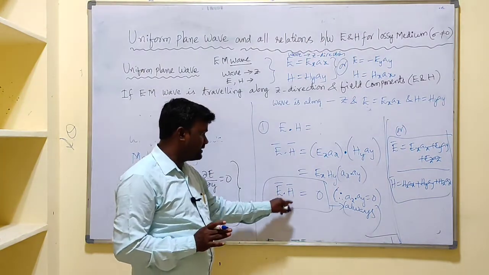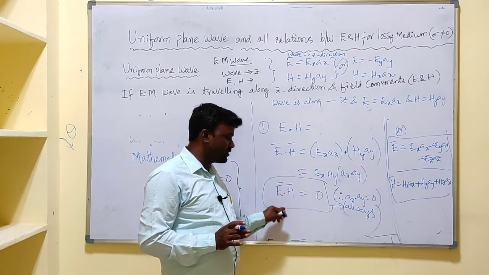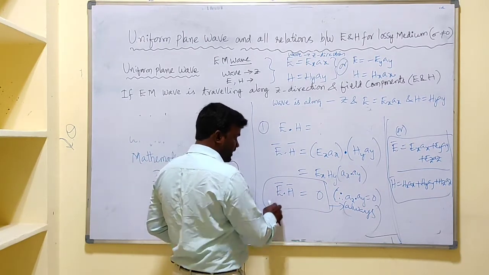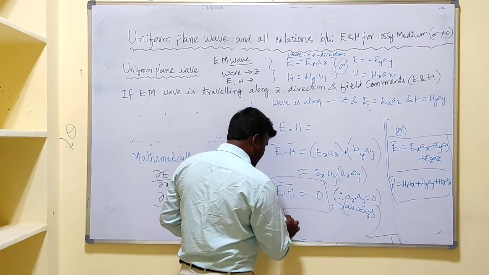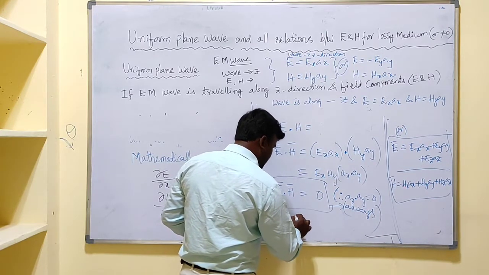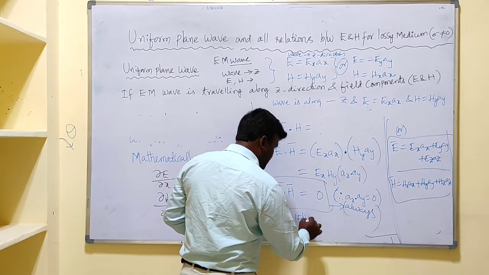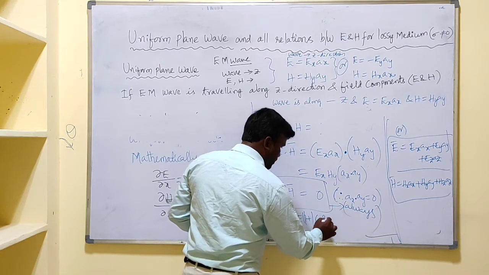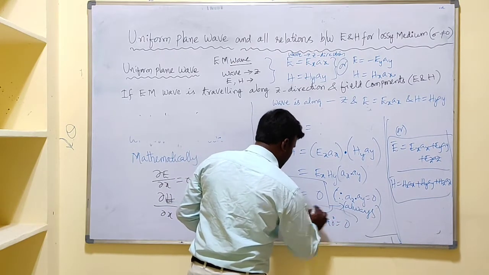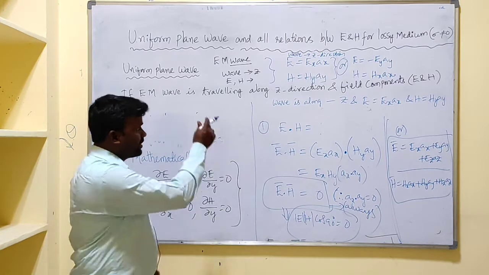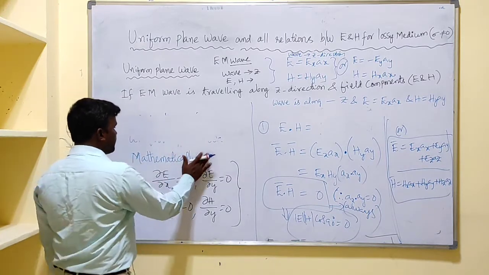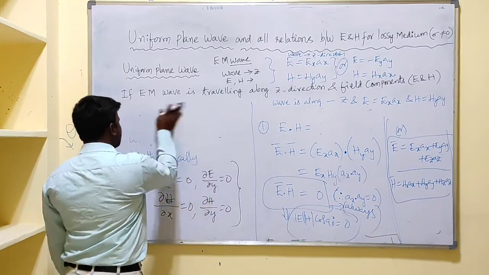So we can write E dot H as mod E mod H cos 90, which equals 0. Directly we can write it like this also. This is one of the relations. Next we will go for the second relation.